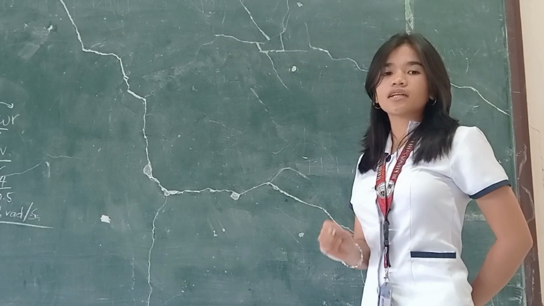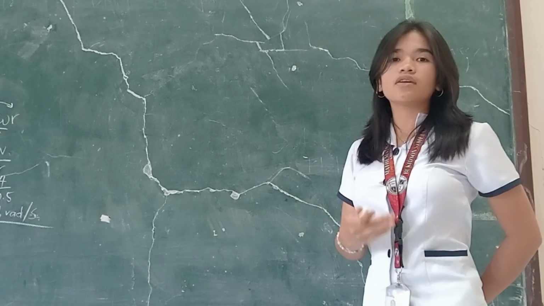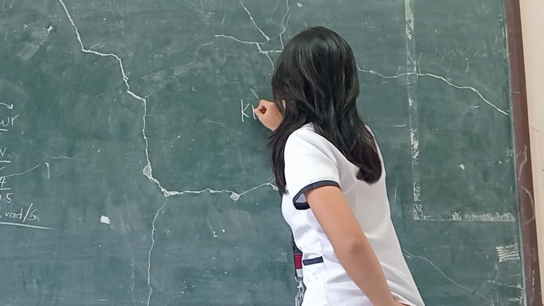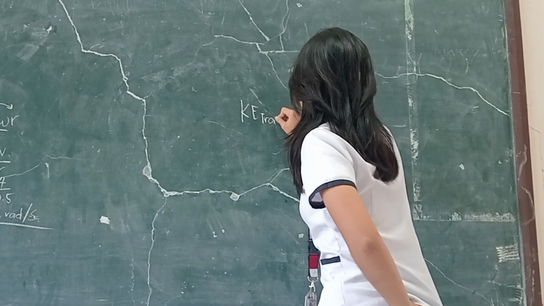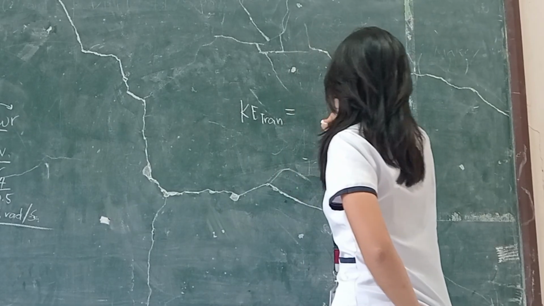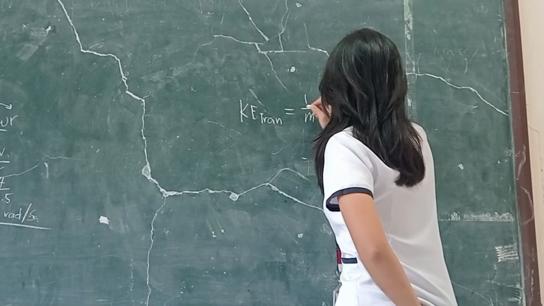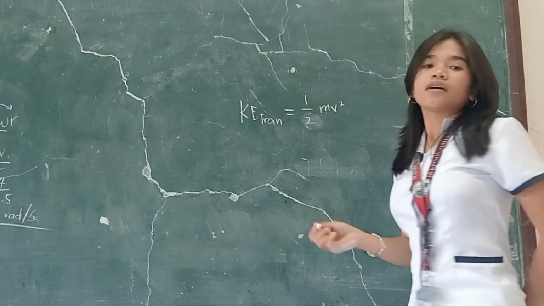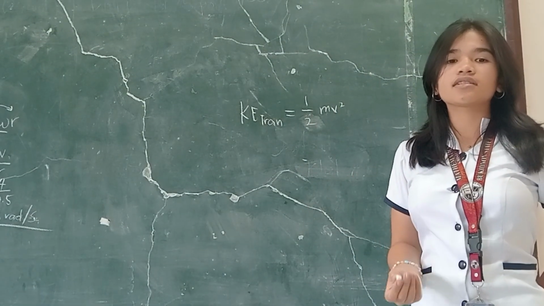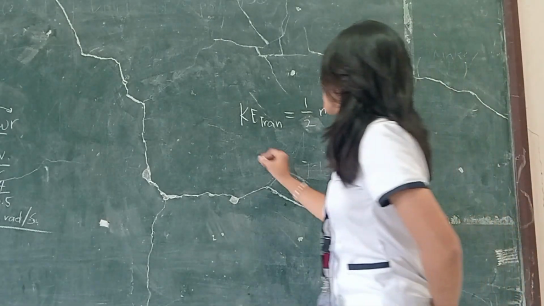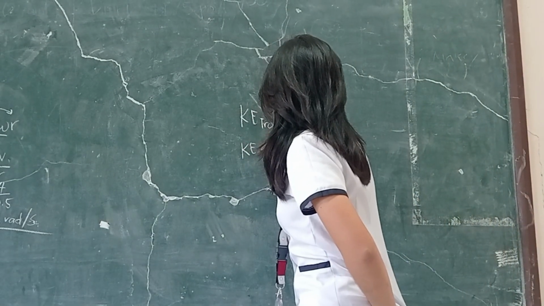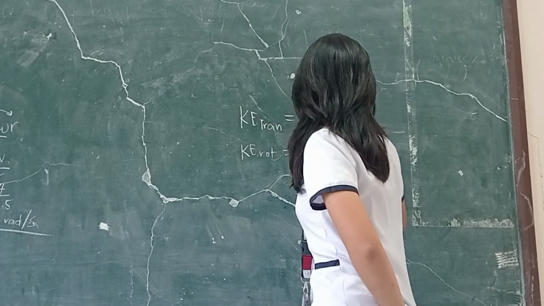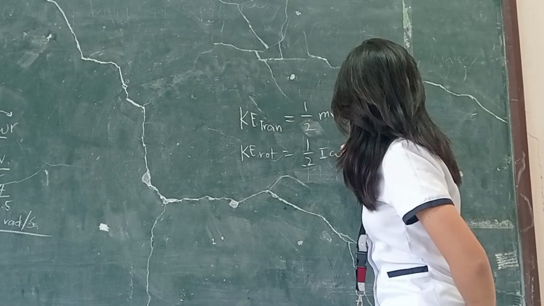The translational kinetic energy is the motion of moving forward. Its formula would be KE is equal to 1/2 mv squared. The rotational kinetic energy is the spinning. Its formula would be KE is equal to 1/2 I omega squared.